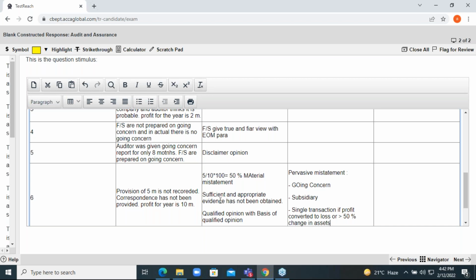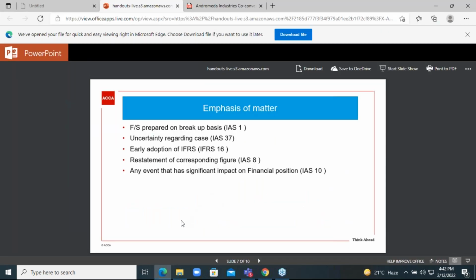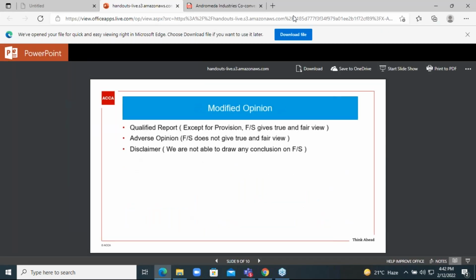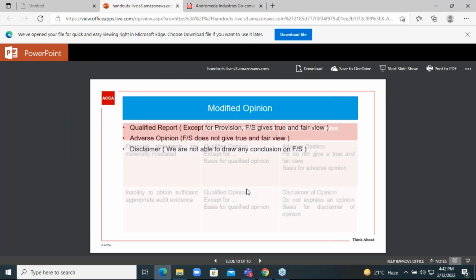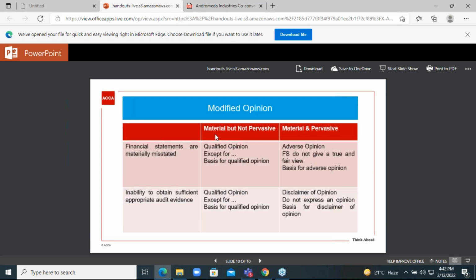So sufficient appropriate evidence, if we go back to the slide. Now you can see this is a material misstatement, and in the quadrant where it is written inability to obtain sufficient and appropriate audit evidence. Now this is the point, we were not provided correspondence.